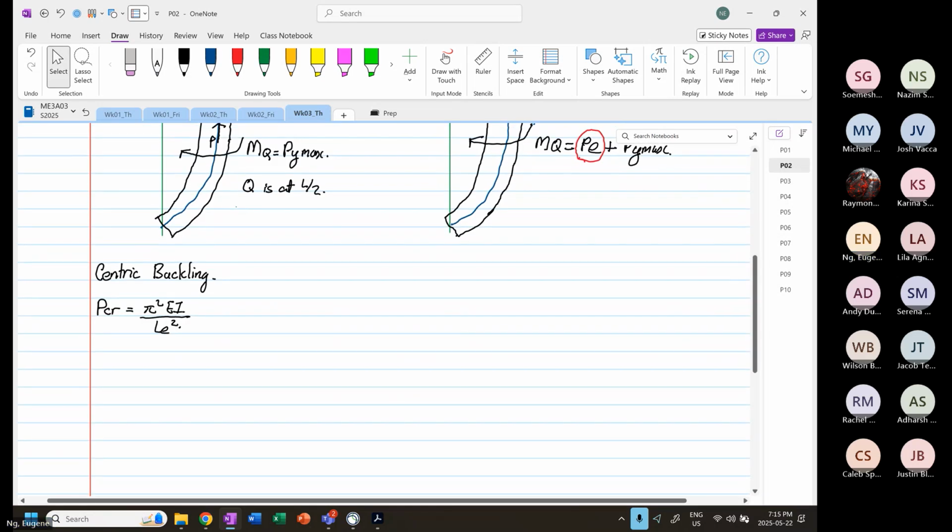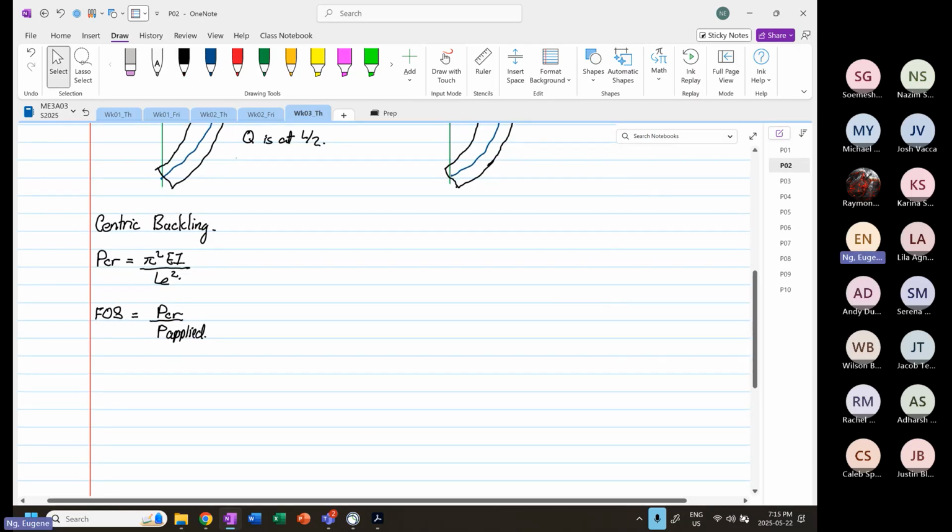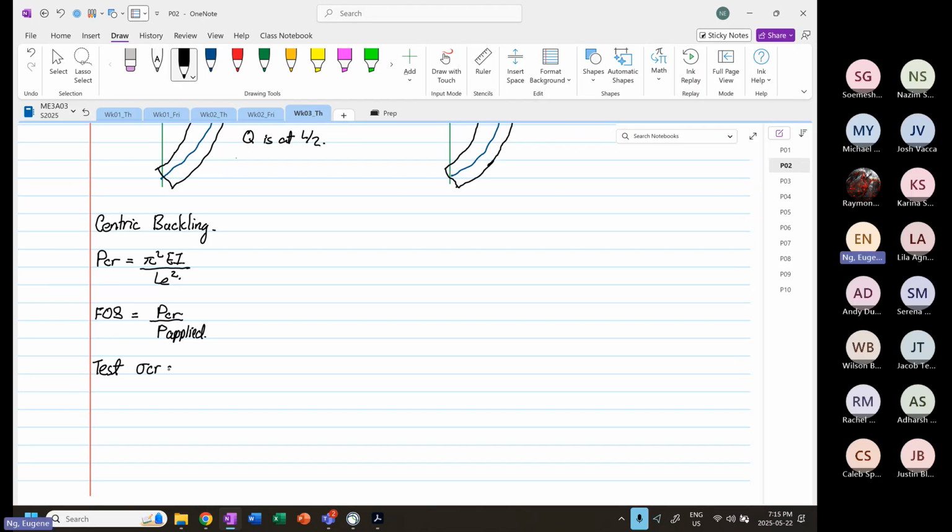And then from here, we have to ensure that the factor of safety is equal to P critical over P applied. And then we have to test that the critical stress, which is equal to P critical divided by area, has to be less than the stress yield, or sometimes the allowable stress.